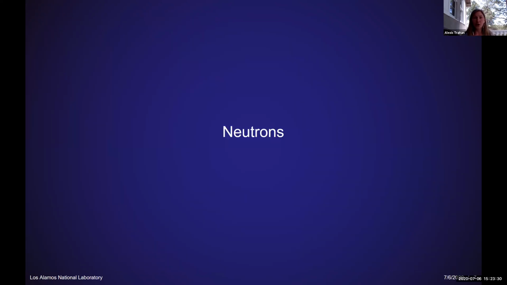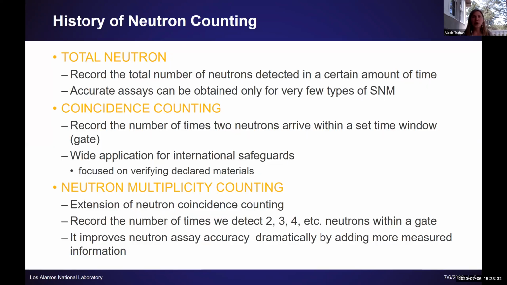Okay, on to neutrons. So, a brief history of neutron counting. Back in the day, when there was not nearly as fast pulse processing electronics, we did total neutron counting, meaning we just recorded the total number of neutrons that were detected in some amount of time.